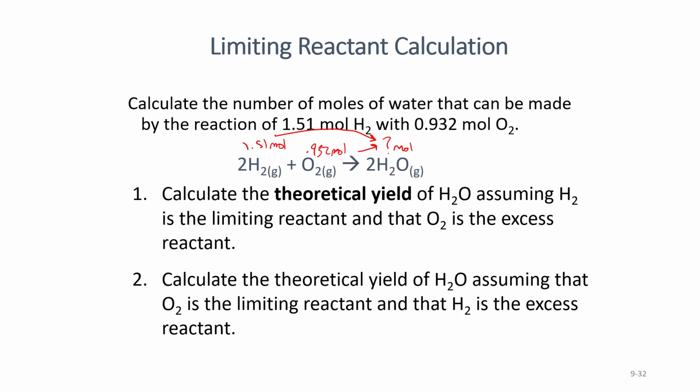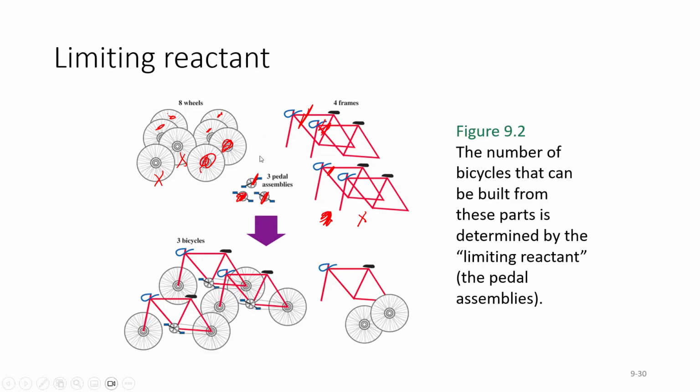Why is it the lower number? In this example, even though we have 4 frames and 4 sets of wheels, we still can't produce 4 bikes. So if we were to say, how many bikes can we produce based on the number of frames? Well, we can produce 4 bikes based on the number of frames. How many bikes can we produce based on the number of wheels?